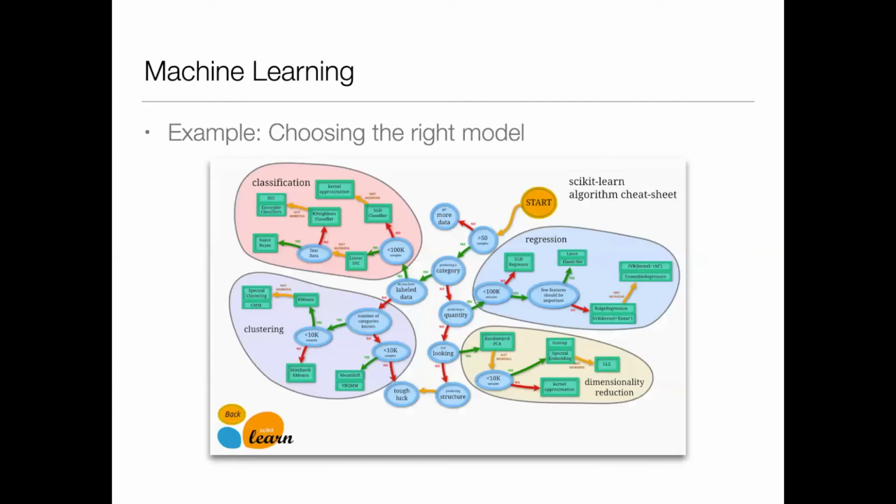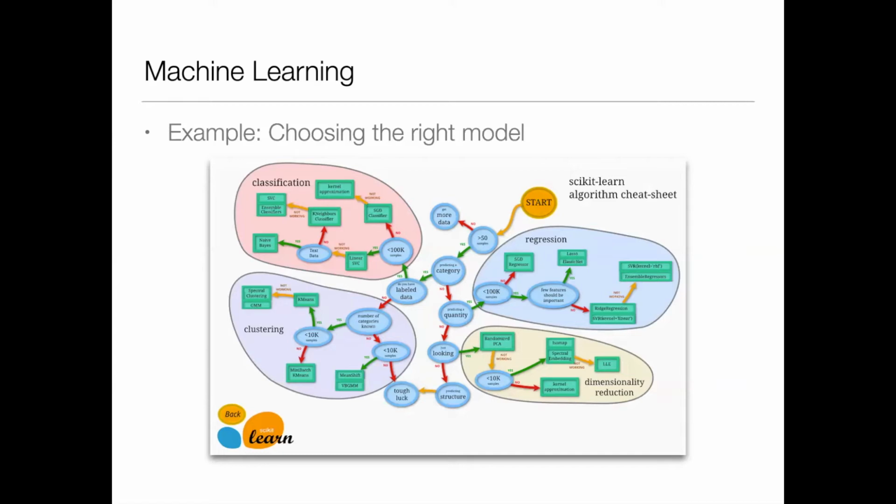So this is just one example of what happens when you're using scikit-learn and you want to choose which model you're going to use for your data, right? And scikit-learn is a very simple framework with some basic models in it, nothing too complicated, nothing too advanced.